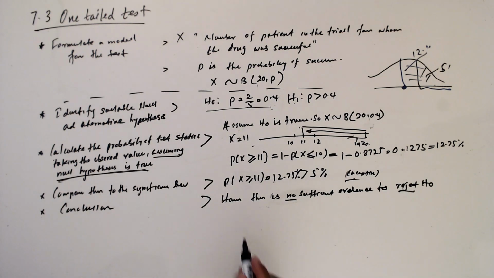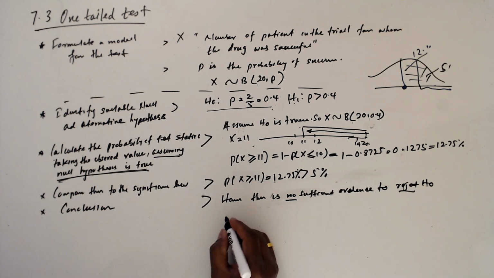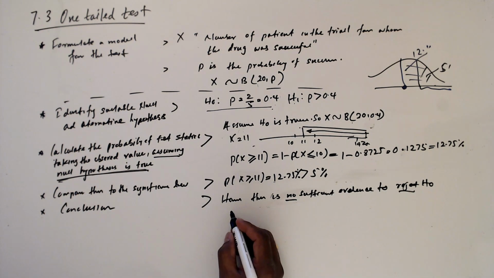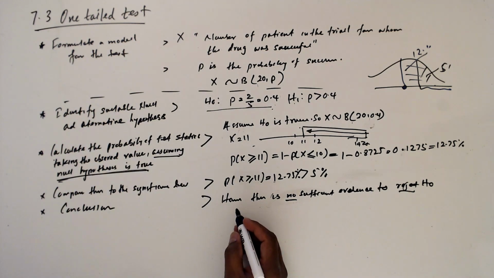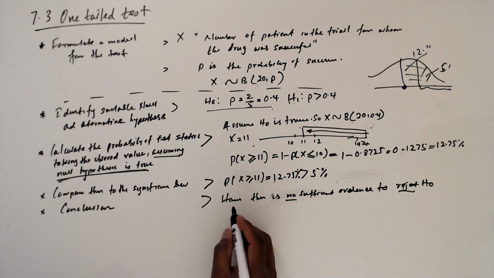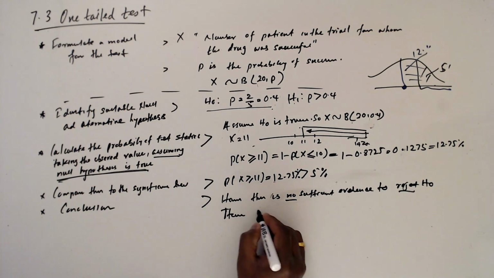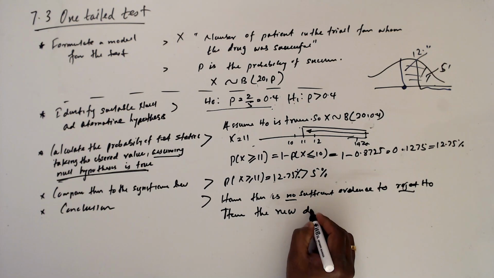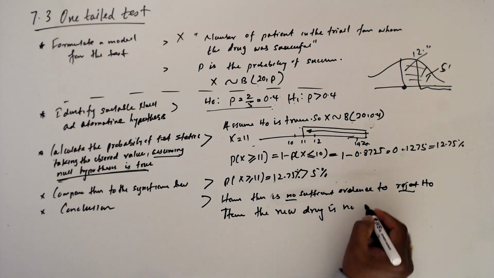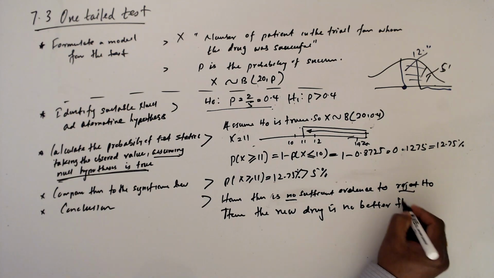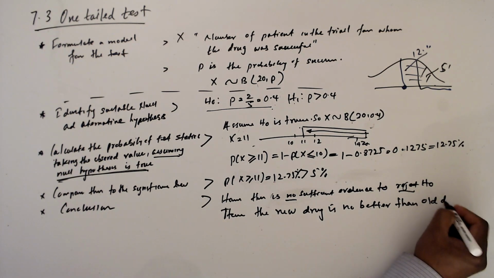We don't say that the null hypothesis is accepted; we don't write in that way, for a reason. And we have to write the final answer for this. It is not about accepting H or not; it is a test about the drug. So we give the conclusion that the new drug is no better than the old drug.